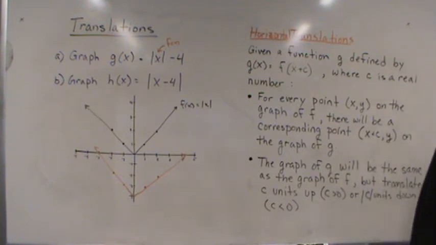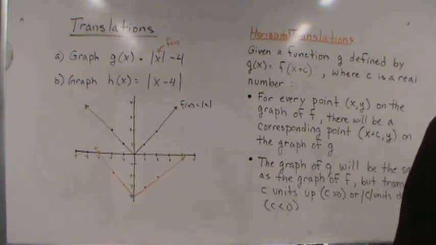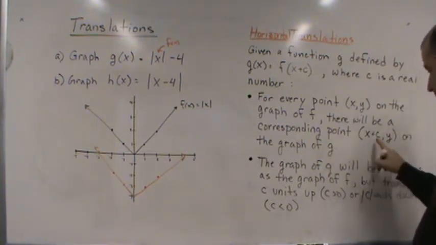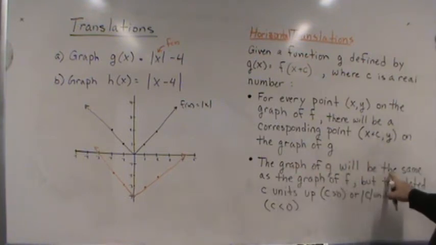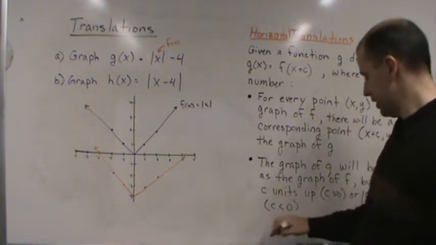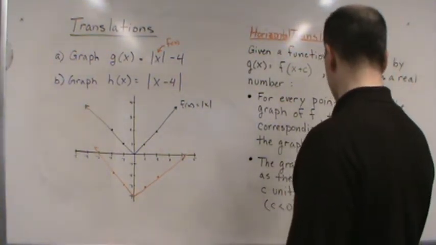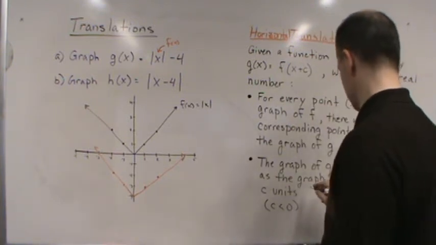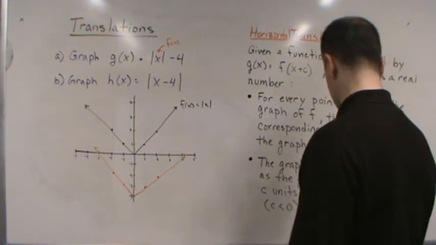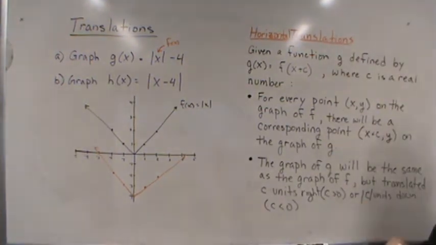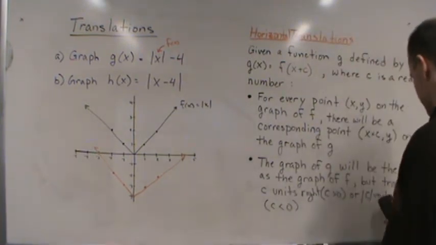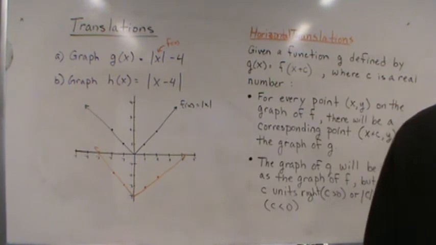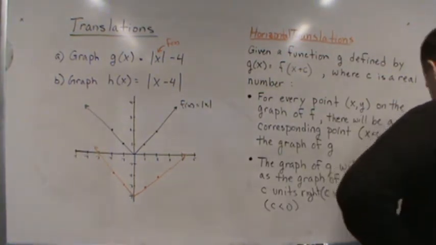For the graph of G, in this case here, the graph of G will be the same as the graph of F, but translated C units to the right if C is positive, and it's going to be C units to the left if C is negative.